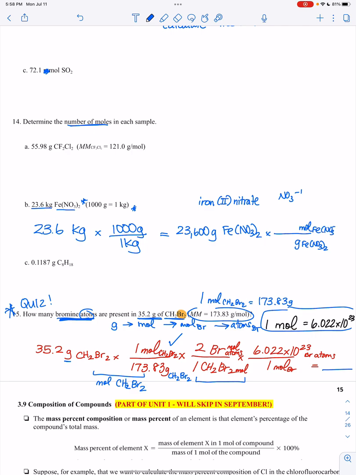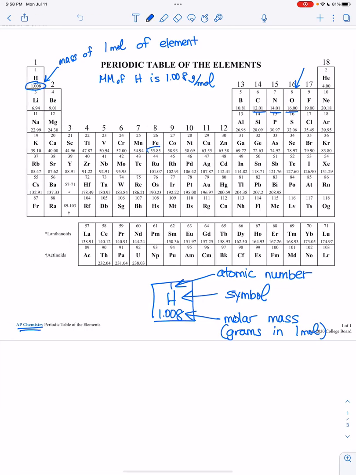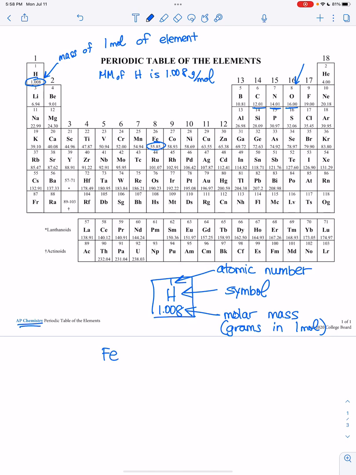Now, a problem here is I need to calculate the molar mass. So if you're still watching here, because you don't have to watch this part, the molar mass of Fe is 55.85. So I'm going to do this over here, Fe(NO3)2. Fe, there's only one of them, so 1 times 55.85 grams per mole, plus, be careful here, there's a 2 on the outside of this parentheses here.